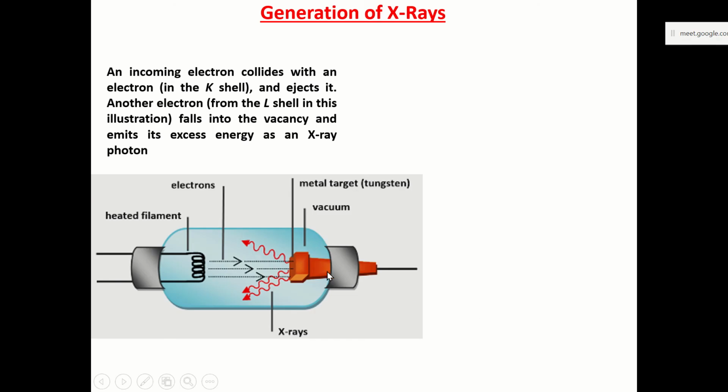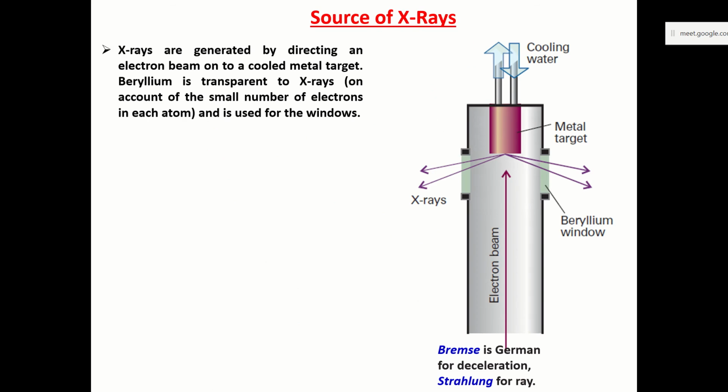It is a discharge tube where, in vacuum, you have this heated filament of tungsten. The filament is heated and the electrons travel and hit this target, which may be copper, tungsten, in vacuum, and these red lines indicate the X-rays that come out from that surface. So all those things were discussed earlier.